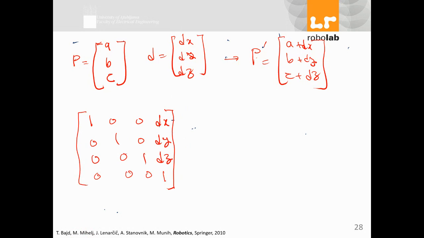Now, if I multiply this into the original matrix A, B, C, what would be the result?